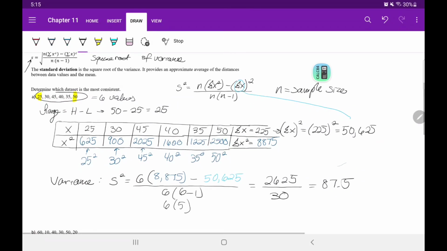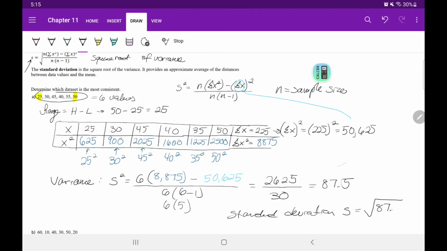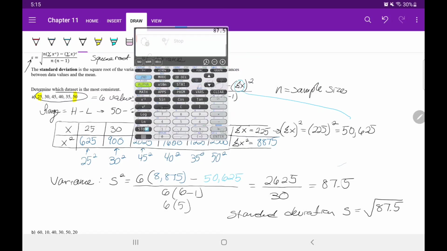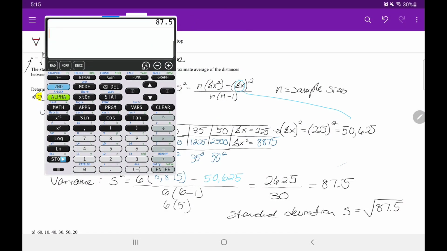To find the standard deviation, that is equal to the square root of the variance. So the square root of 87.5, let's go ahead and do that. Let's take the square root of that.